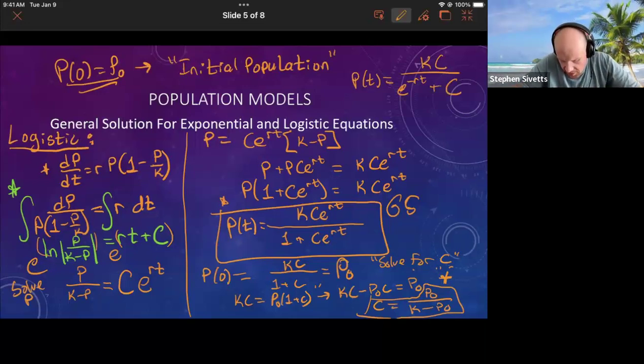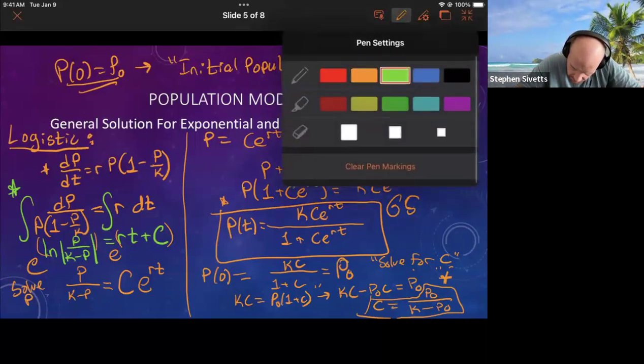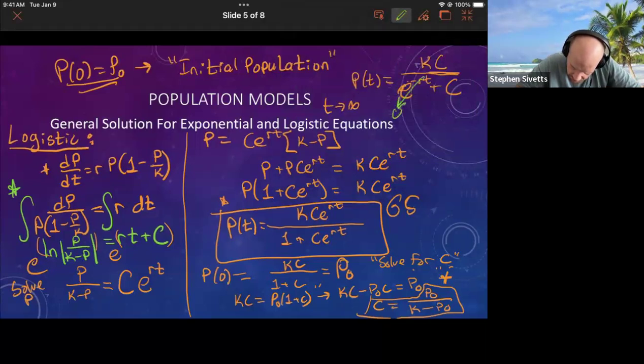And another way to solve for the K constant, well, just look at T approaching infinity, right? So if T approaches infinity, this quantity right here will be 0. And so this will approach K. Yeah, so that will approach the carrying capacity.